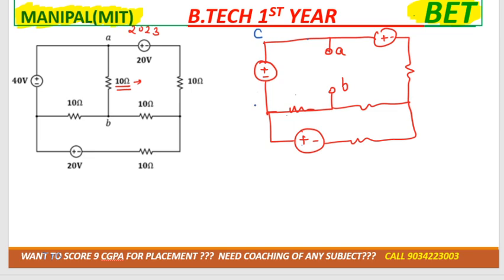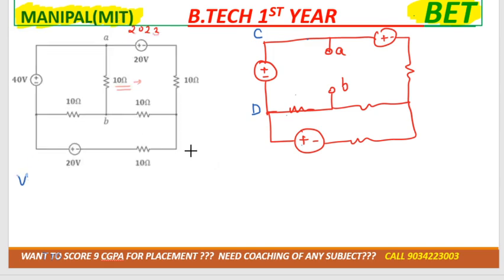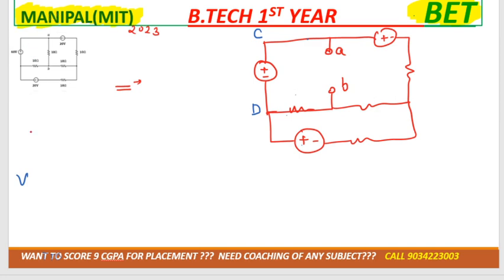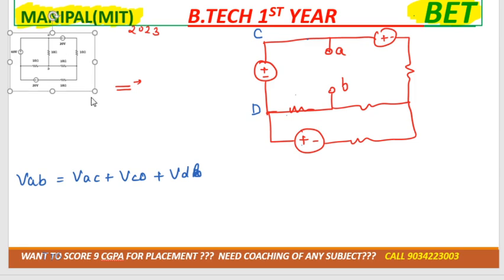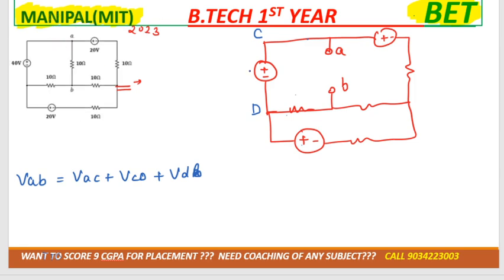So mark this one as C, this one as D. So what we can write for this, VAB is equal to VAC plus VCD plus VDB, correct? I'm marking the values. What are those? 40, 20, 10, 10, 20, 10, 10, right?